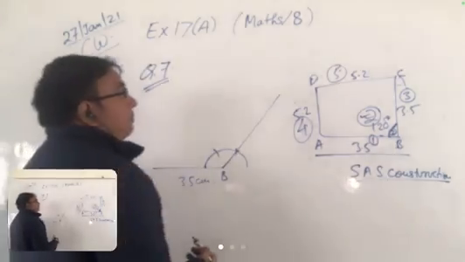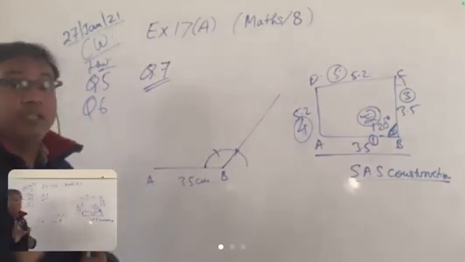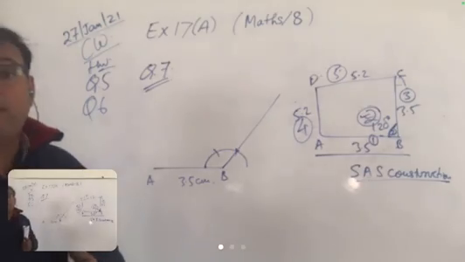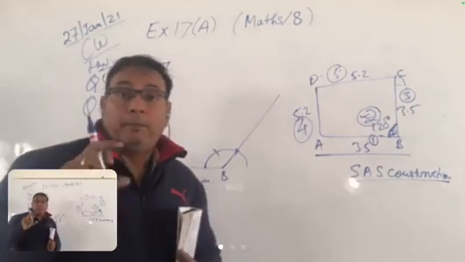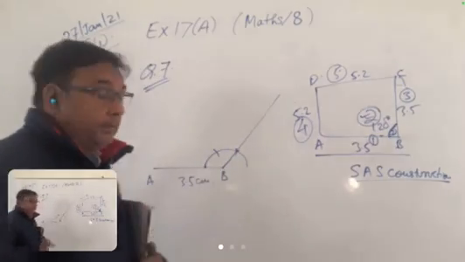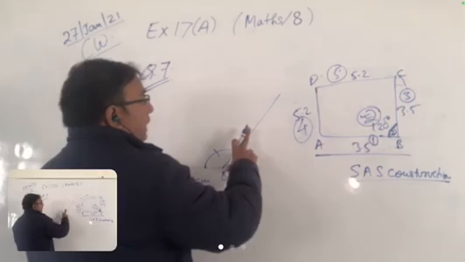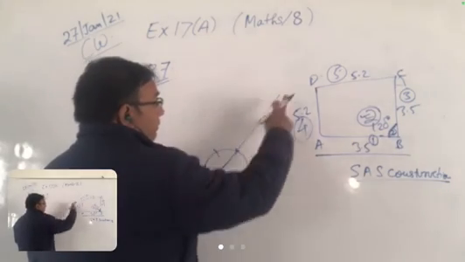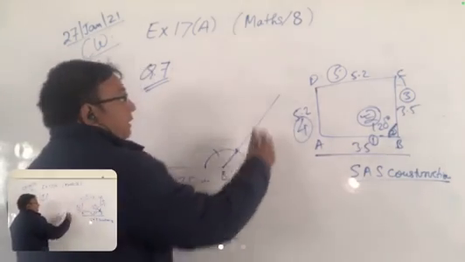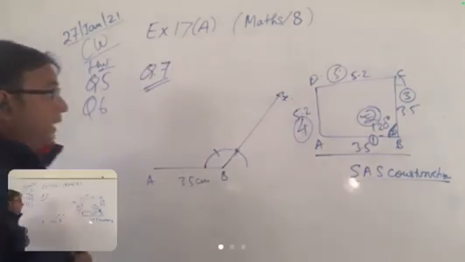Okay. Now after that, you can take a radius of 3.5 centimeter in your compass and then put at B and cut this line. This is say BX.